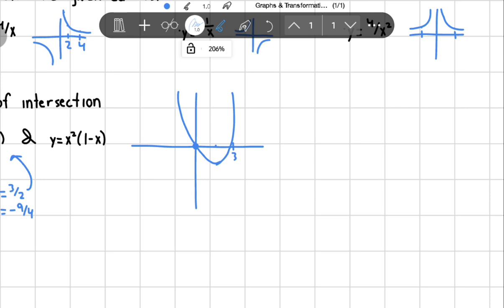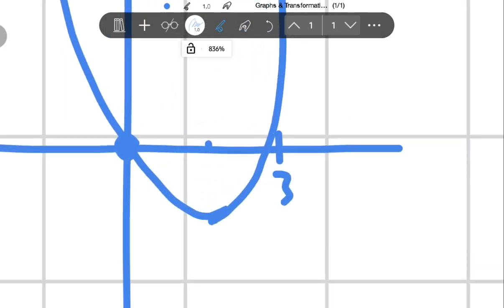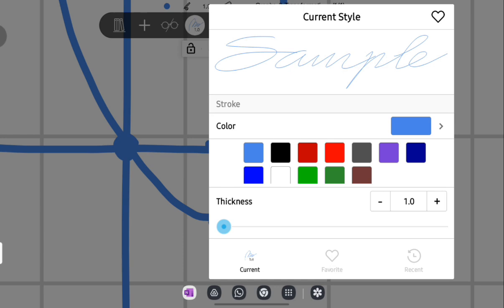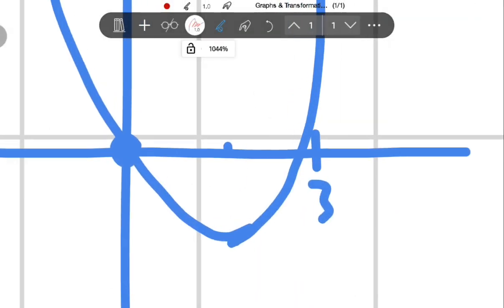And we have x squared and 1 minus x. So we have the roots of 0 and 1. So we have root 0, and also let me draw this in a different color. Let's just say 1 to be here. So we have also here and here.